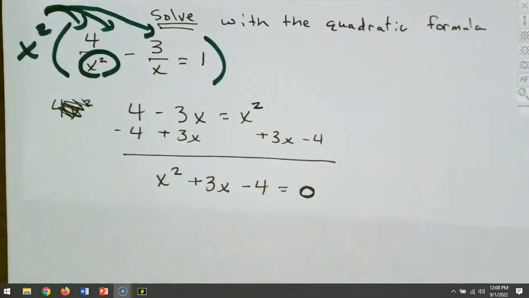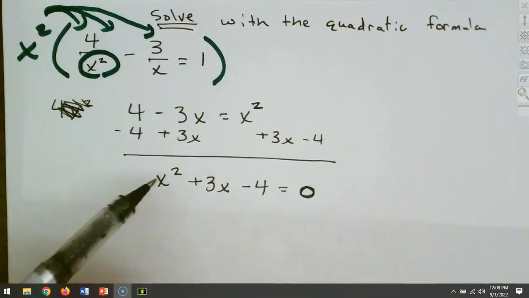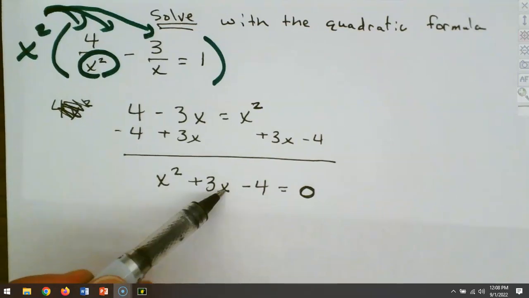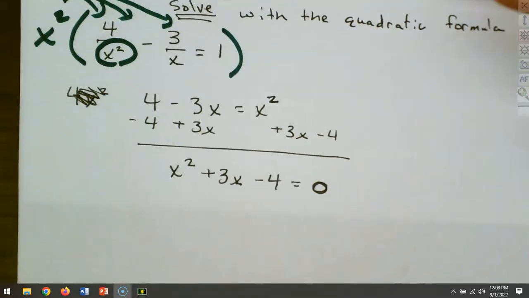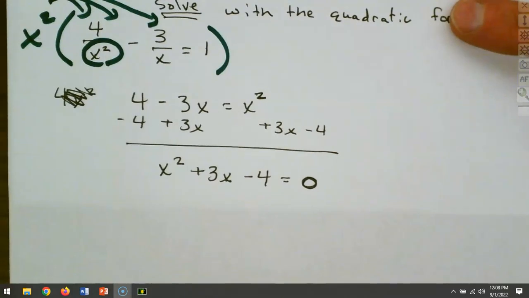Now what I mean by the correct order is it needs to go x squared first, x, and then the number after that. And it needs to equal 0. X squared, we've got an x, and then we've got our constant, our number there. And it needs to equal 0, which it does. So now it is in the correct order, and now we can finish it.